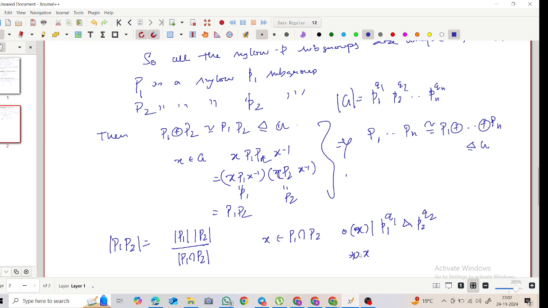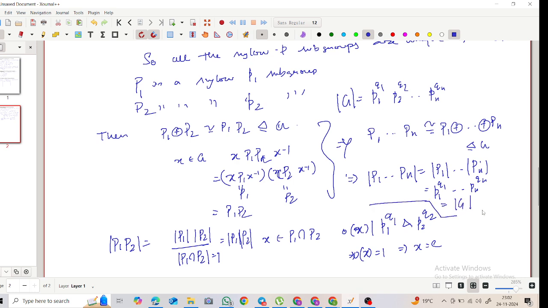This implies order of x is 1, which implies x is e, right? So from this we can say that cardinality of this is cardinality of P1 times up to cardinality of Pn, which is p1 to the power q1 up to pn to the power qn, which is cardinality of G. Understood? So P1 to Pn is basically G. Okay.